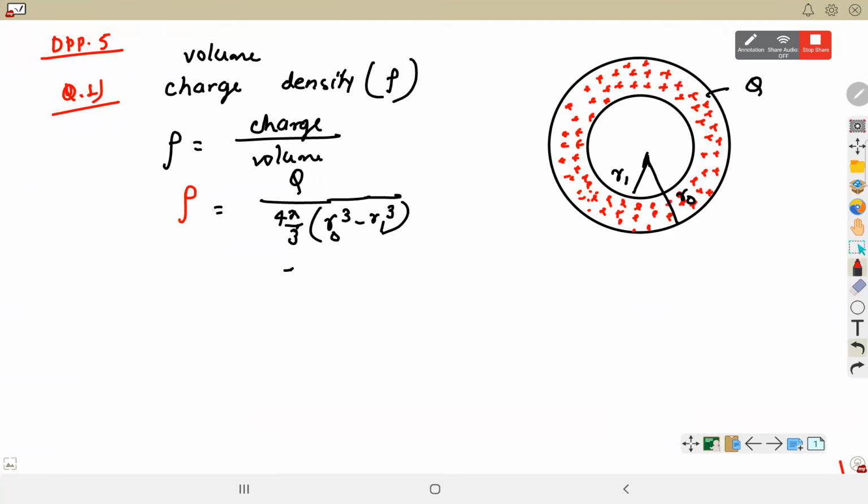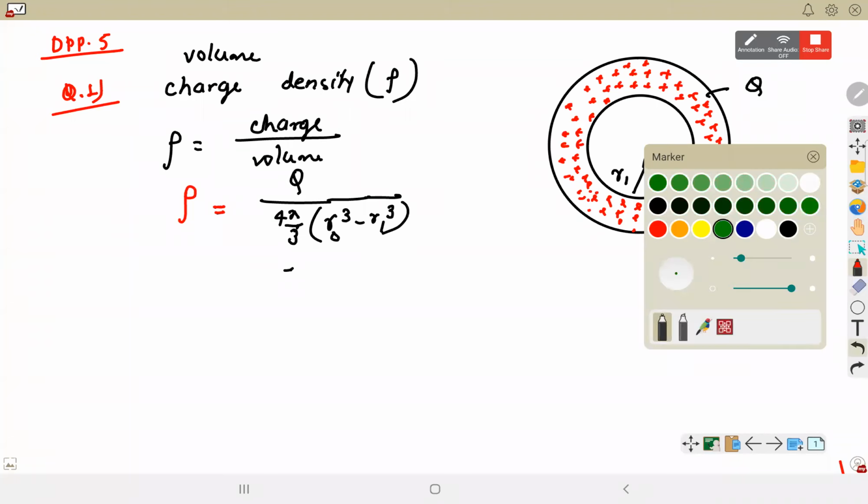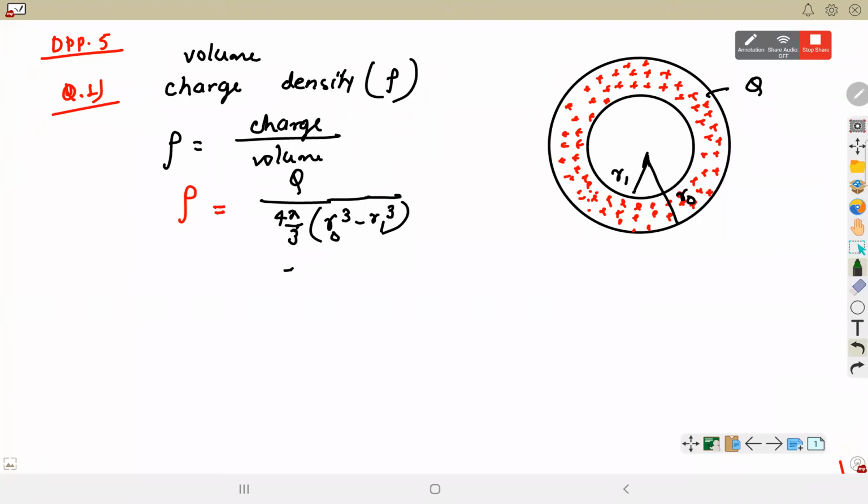This is the volume charge density. Now in these three different regions, we have to calculate the electric field: less than R1, between R1 and R0, and greater than R0. First is the region r less than R1. It will be spherically symmetrical.